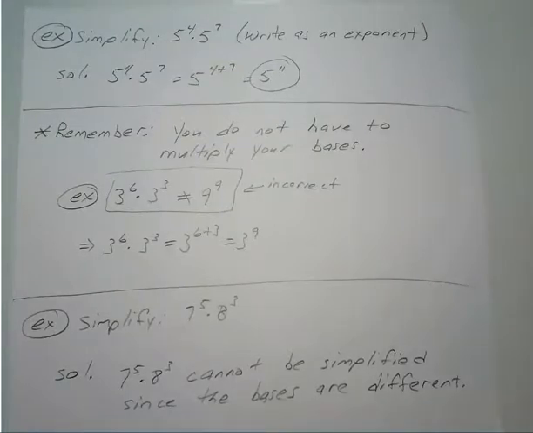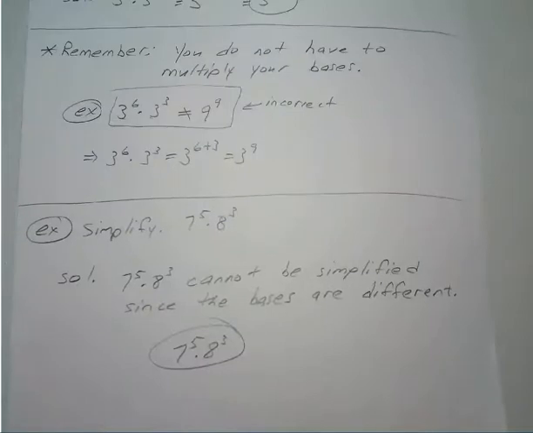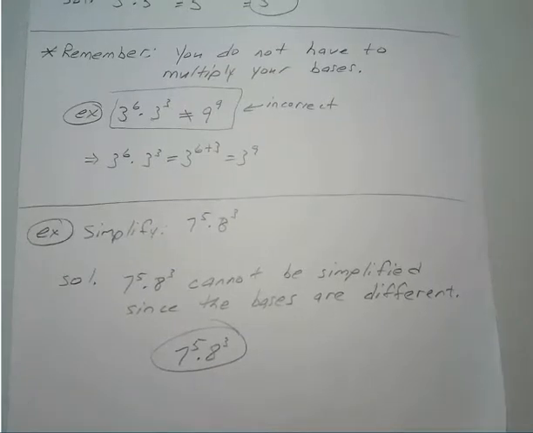So your answer for this will actually just be 7 to the 5th power times 8 to the 3rd power. That would actually be your answer. All right. So now we're going to go ahead and go to our next example.